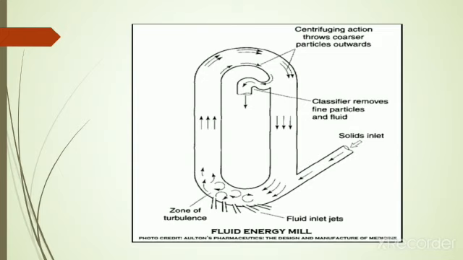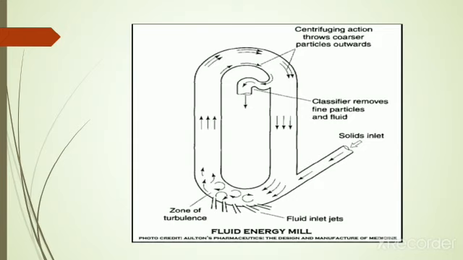After they enter into the elliptical pipe, below there are small openings which supply high velocity airflow in the elliptical pipe. This high velocity airflow creates some pressure on particles, and the particles collide with each other and they rub and the size is reduced.